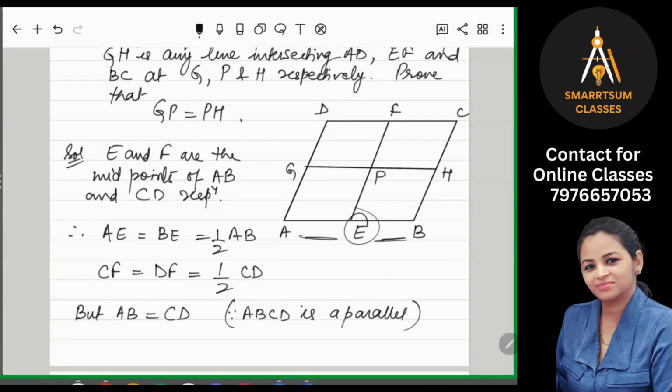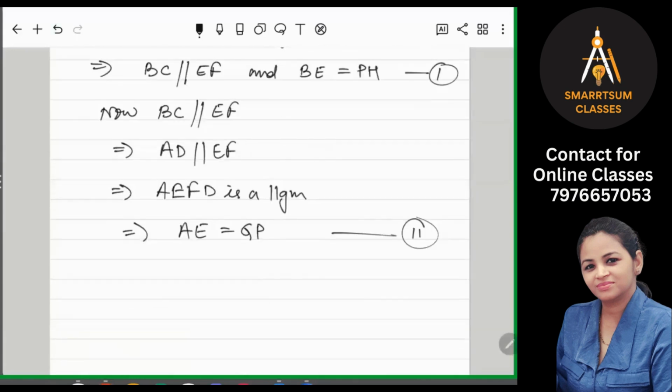So write down, but E is the midpoint of AB, right? Therefore, AE is equal to BE, right?